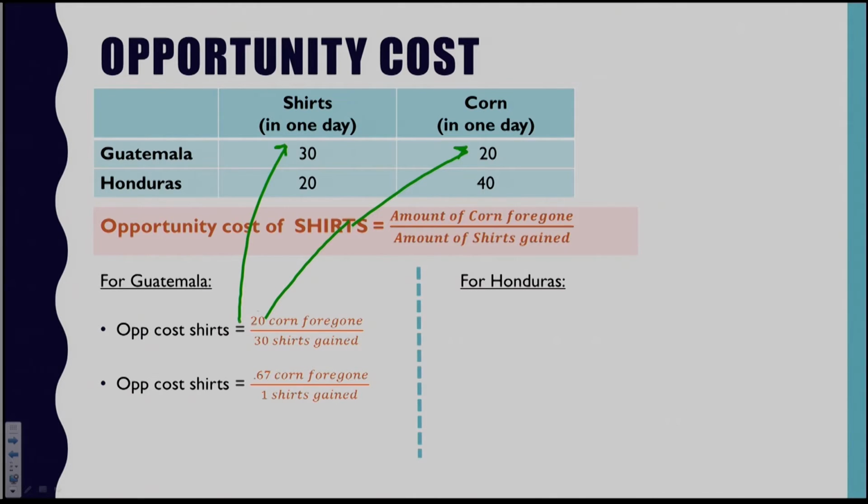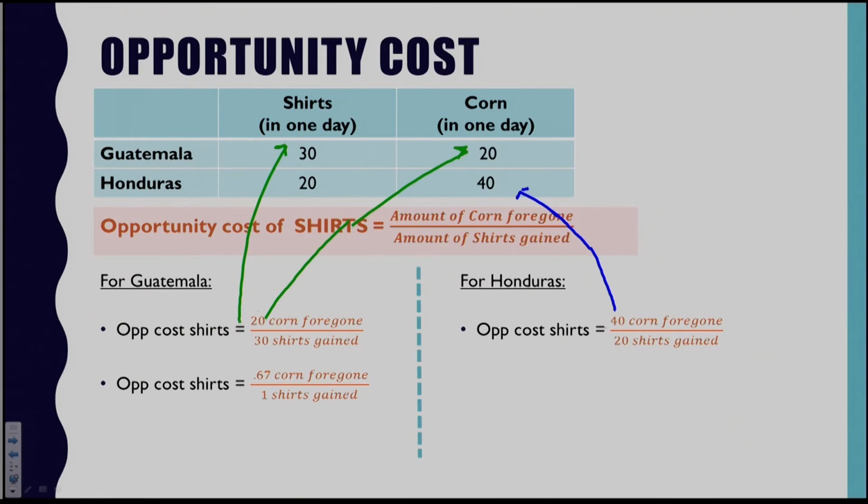All right, now let's look at Honduras. So the opportunity cost of shirts for Honduras, 40 corn foregone divided by 20 shirts gained. Now, if you're having any trouble with this at all, let me just very quickly show you where these came from. So, where did I get 40 corn foregone? Well, that's one of their choices in Honduras.